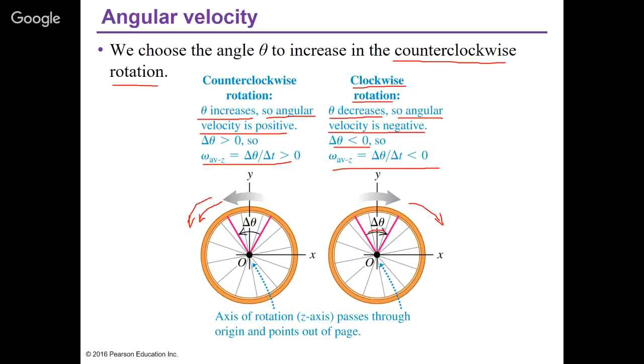By definition, we define theta to increase in the counterclockwise direction and decrease in the clockwise direction. This is how we define the positivity and negativity of our angular displacement theta. This is just a convention that we follow.